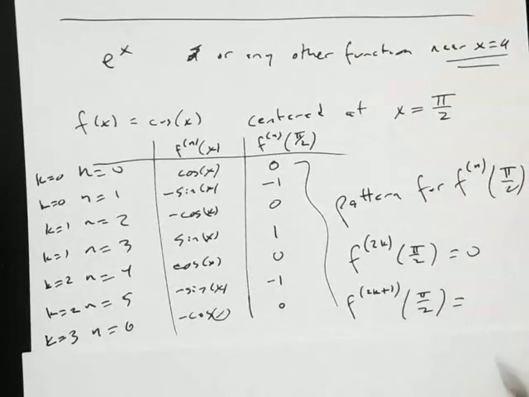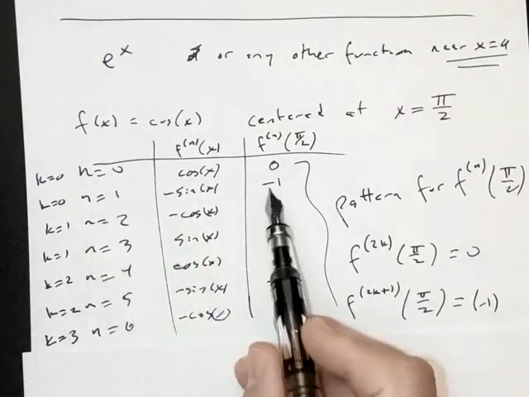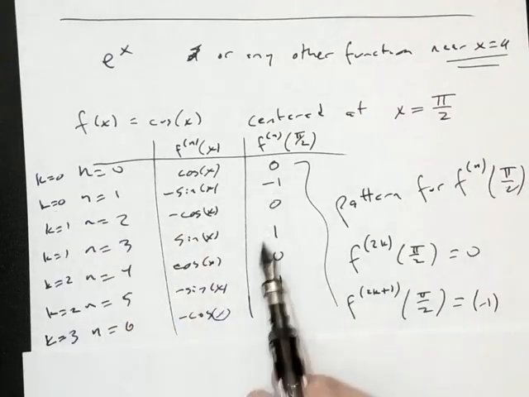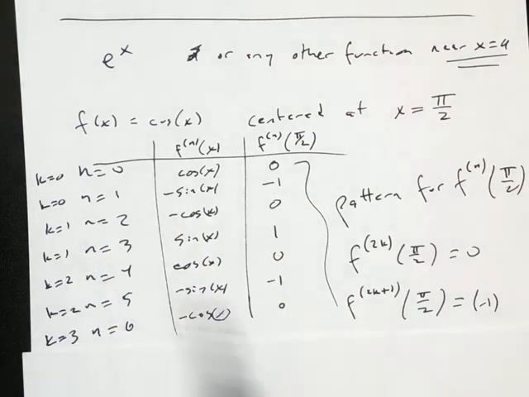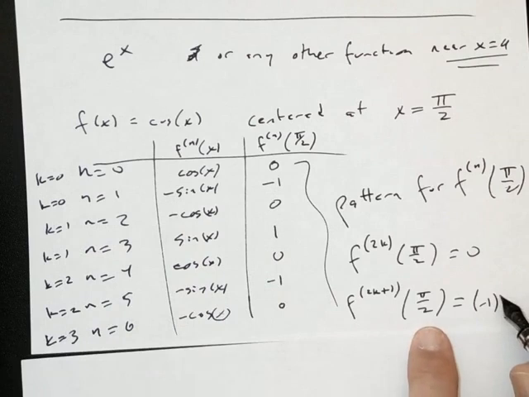Okay, so based on this, I'm going to have minus 1 to some power, but I want it to be negative when k is 0, positive when k is 1, negative when k is 2. What power should go up here in terms of k? I hope it's not 4 because negative 1 to the fourth is always positive 1.